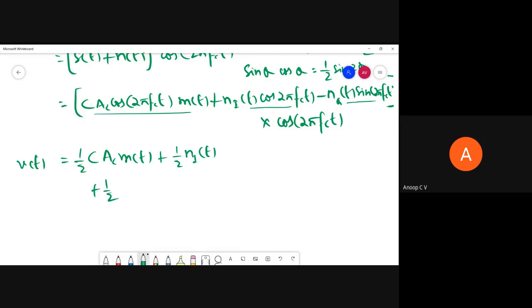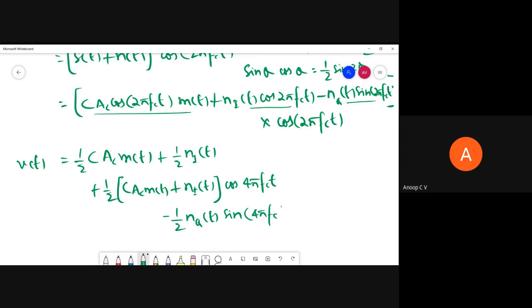We have two cos 4 pi fct terms, so we can collect them together: plus half of c Ac m of t plus Ni of t, times cos 4 pi fct. Then we have minus half Nq of t sin 4 pi fct term.